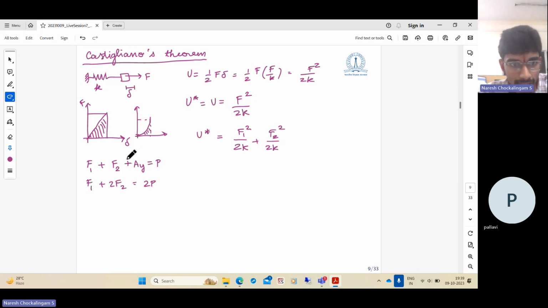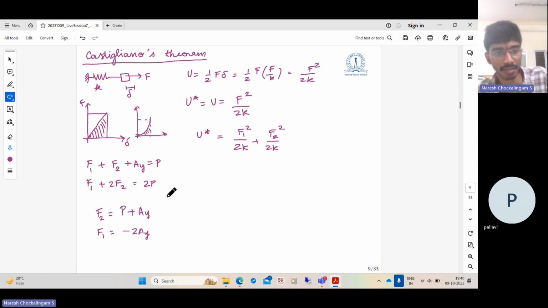So using these two equations, how many unknowns are there? We have 1, 2, 3 unknowns. You can eliminate one of the unknowns. Let us eliminate F1. So just subtract the two. You get F2 is equal to P plus Ay, which means F1 is equal to minus 2Ay.